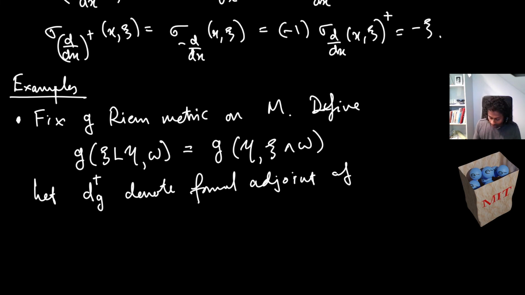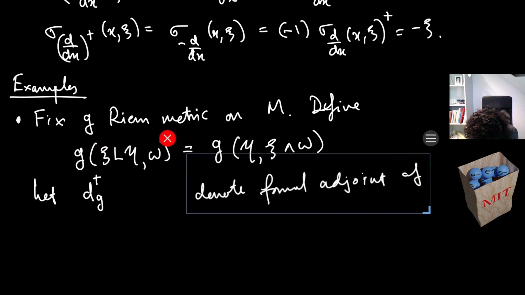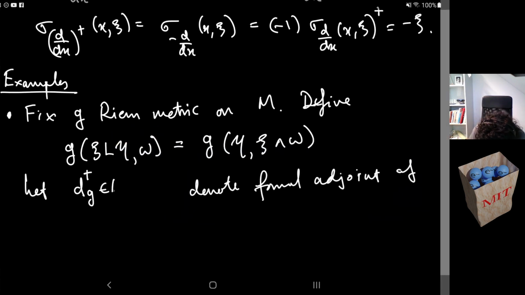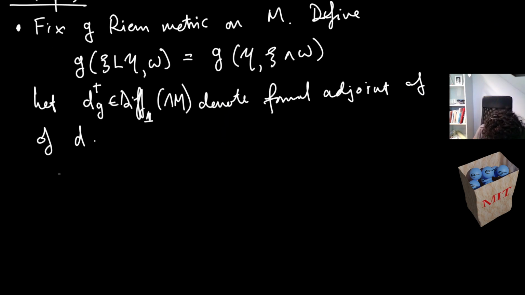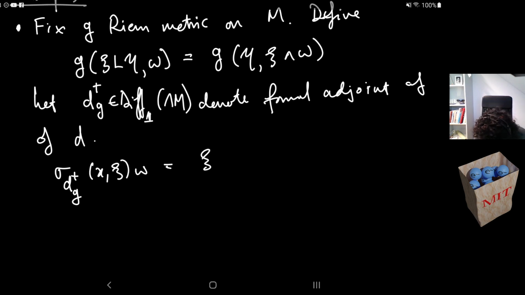So anyway, this is diff 1 of the bundle exterior derivative. So this is the formal adjoint of D. So x psi is equal to psi cut omega.